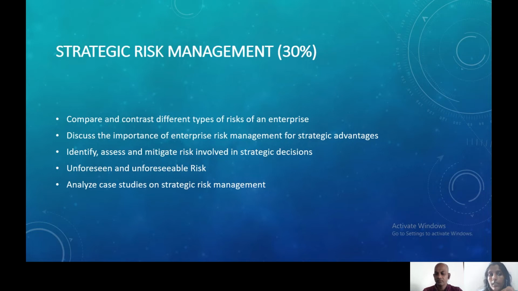And how to identify, assess, and mitigate risk involved in strategic decisions. In this regard, we may refer to the COSO model, where they have prescribed what companies can do to mitigate risk. We are going to discuss certain aspects of it, not everything, and also unforeseen and unforeseeable risks, and case studies on strategic risk management.